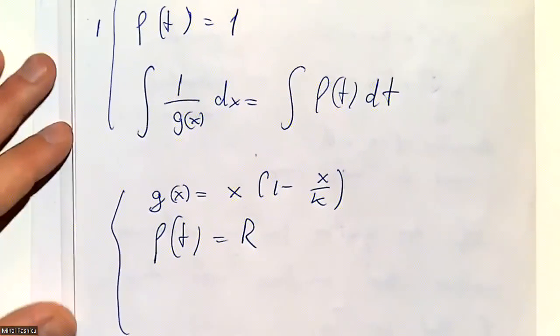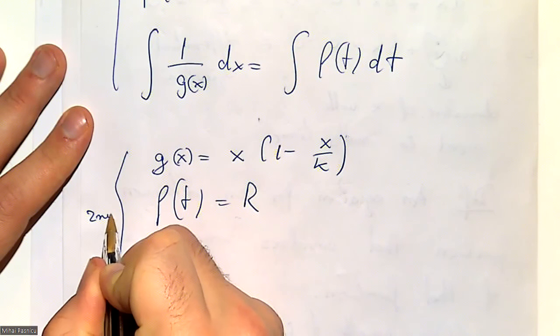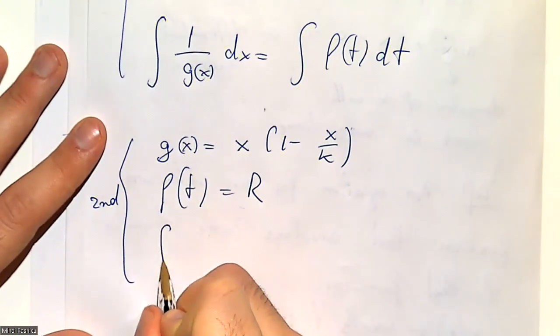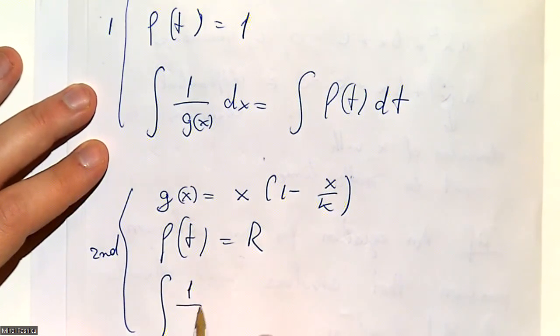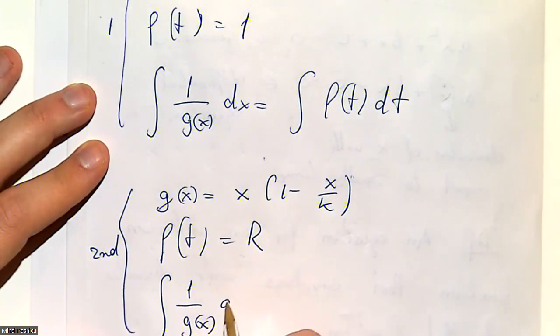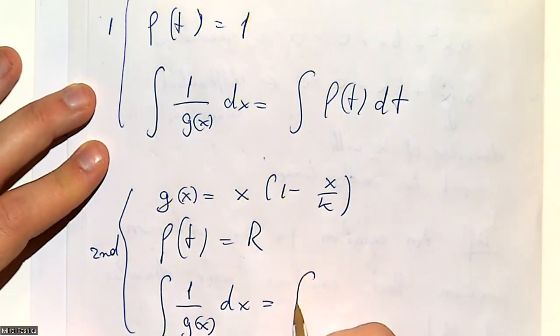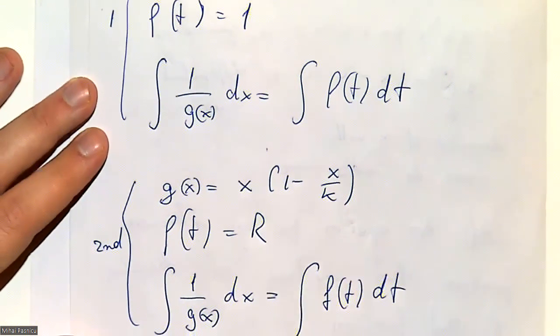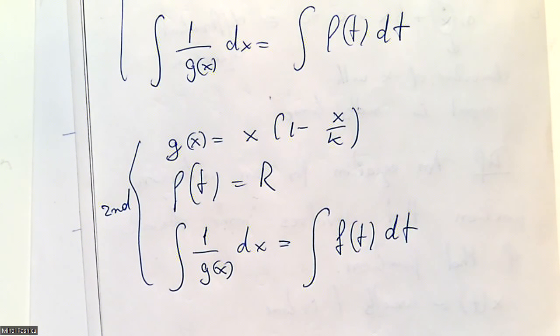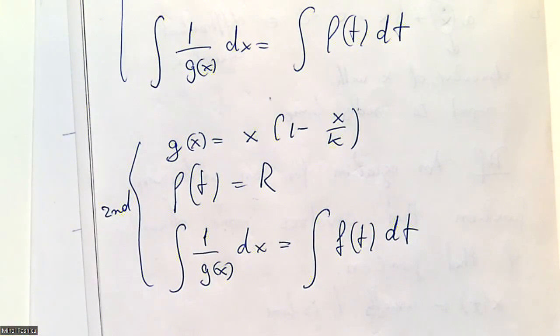So I just want to convince you that if you use these two identifications, you are going to get the same solution. You don't need to worry about constants. It doesn't matter whether they are in f or in g. That's my point. So let's do the first case.